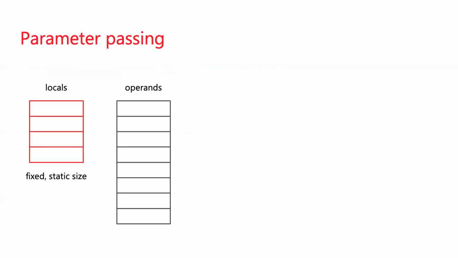So within a method, you have access to your local variables. You have access to an operand stack that you can use for computing new values and for pushing parameters to other methods that you want to call. And we were describing this kind of like a stack frame in an assembly language program.